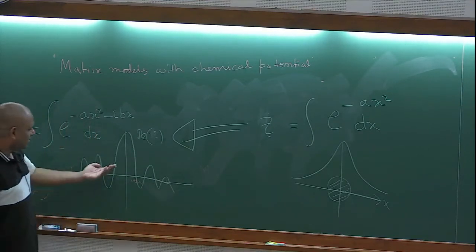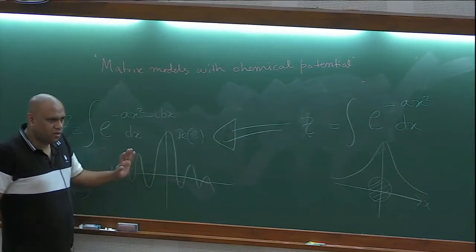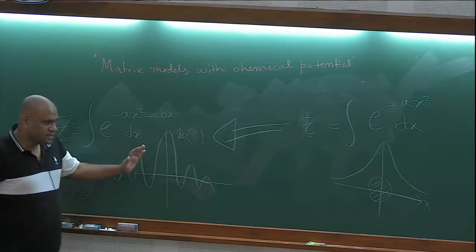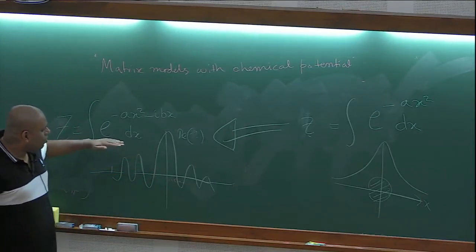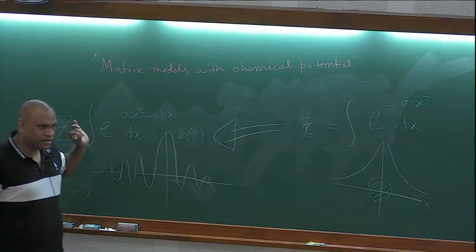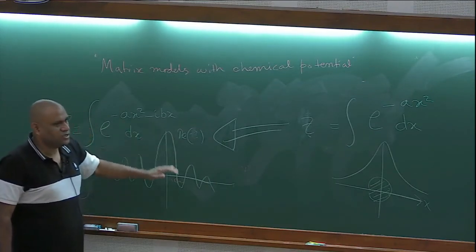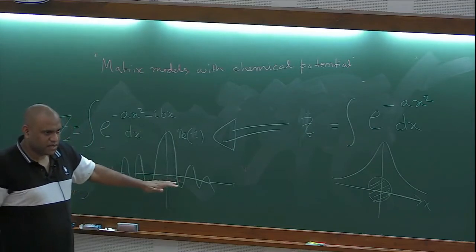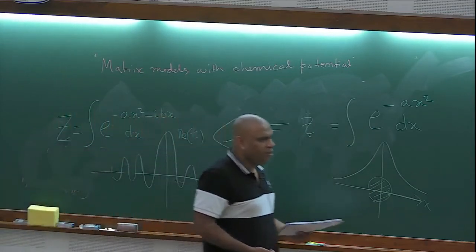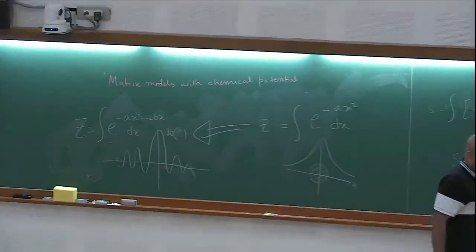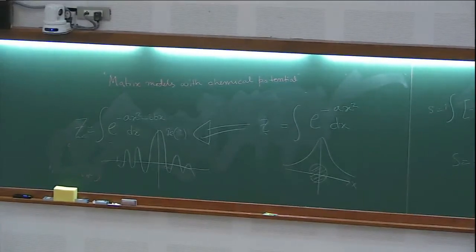What happens is that the value of this integral crucially depends on the cancellation between positive and negative parts, and just sampling where it is maximum would give you a very wrong answer.